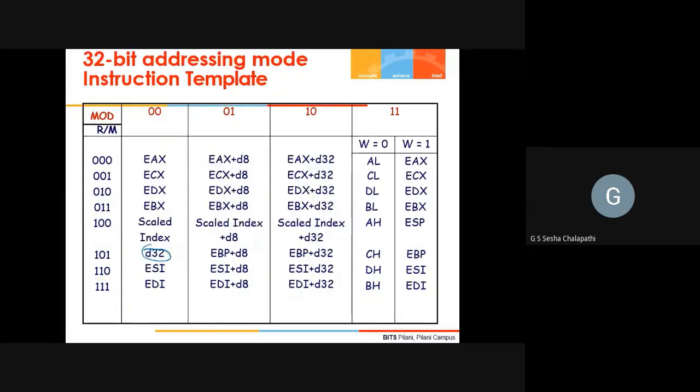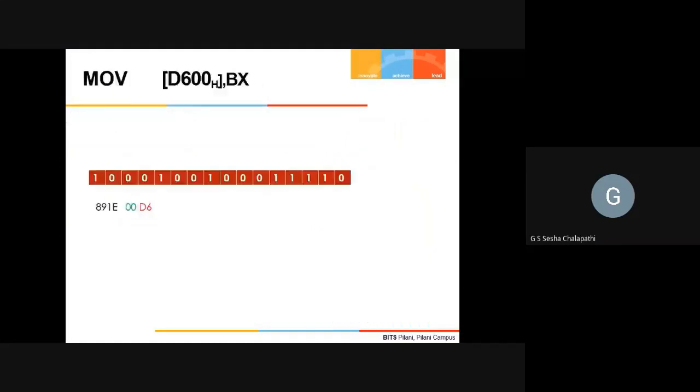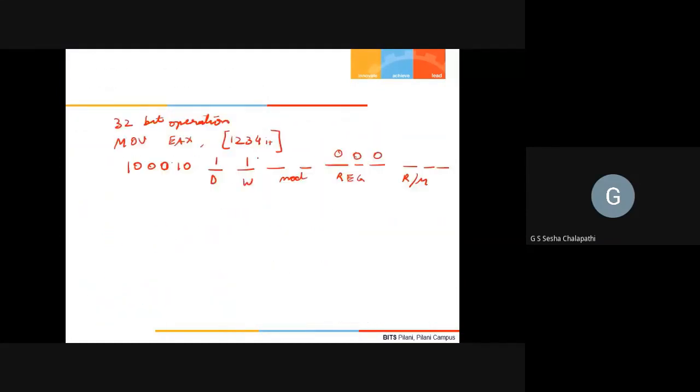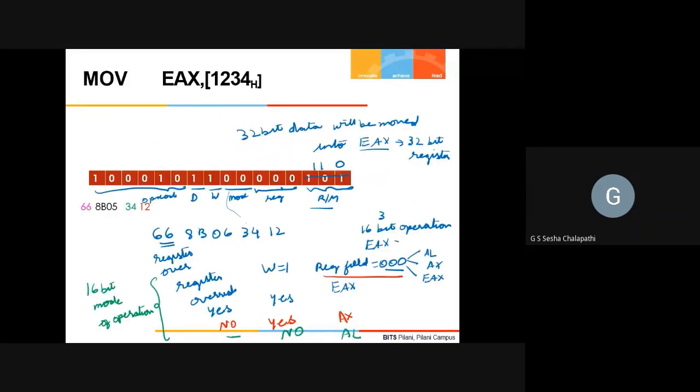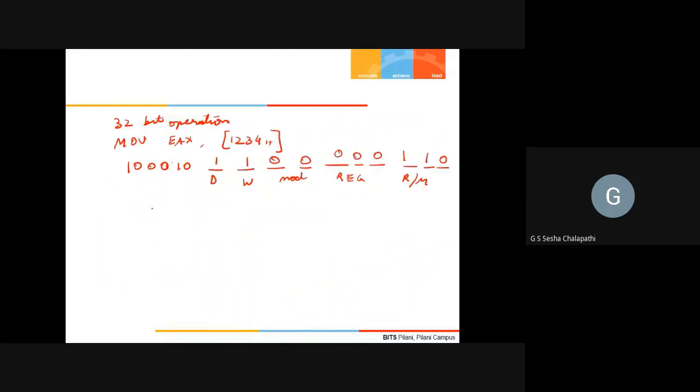So again, same thing: 8B, this will be B, this will be 0, and then this will be 6. 8B06, sorry, 8B06, then 3412.